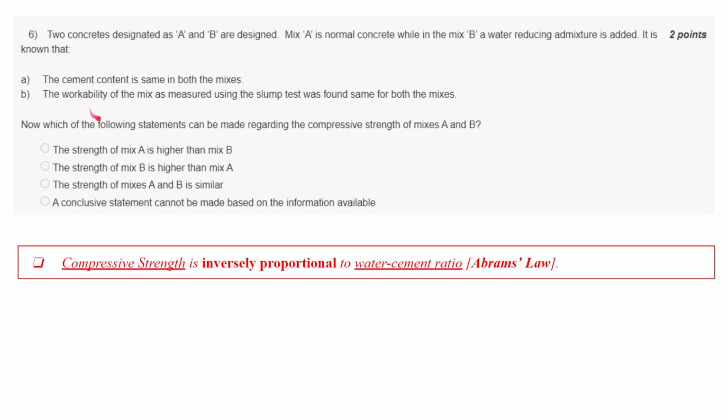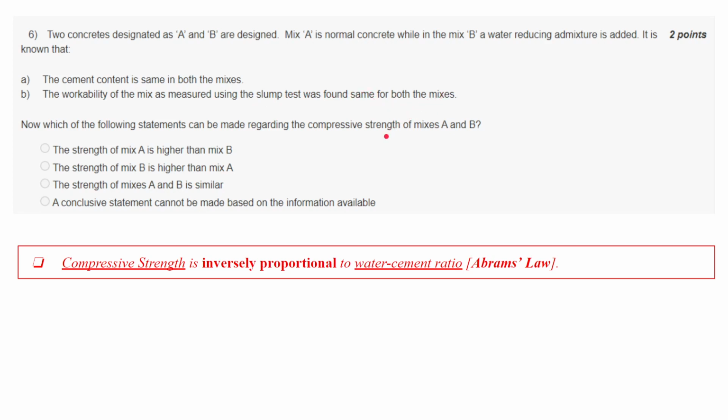And the workability of the mix as measured using the slump test was found the same for both the mixes.